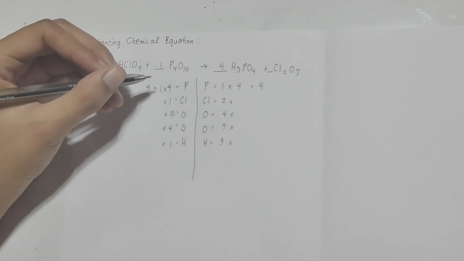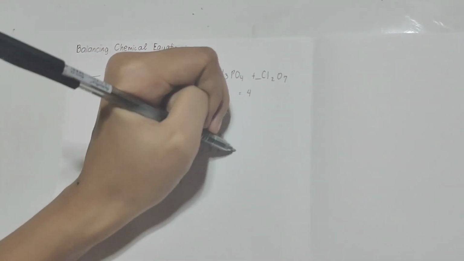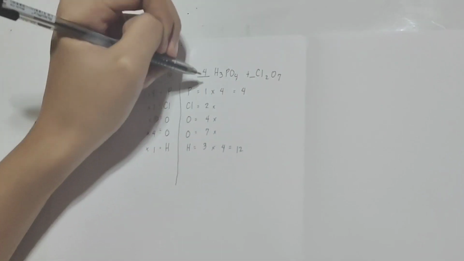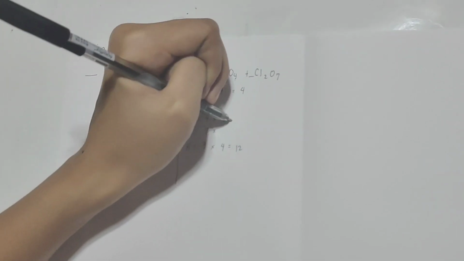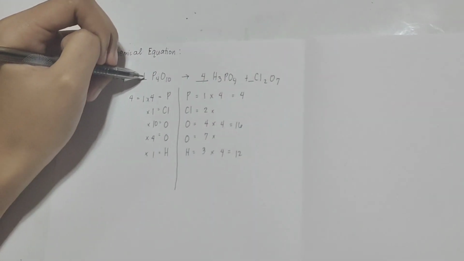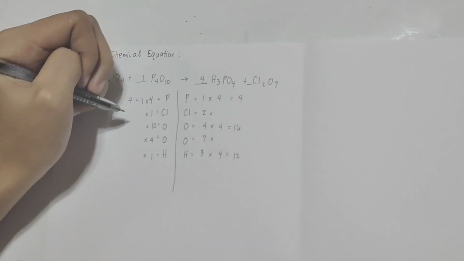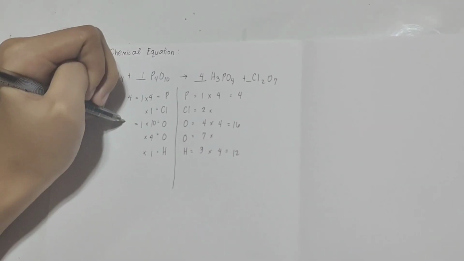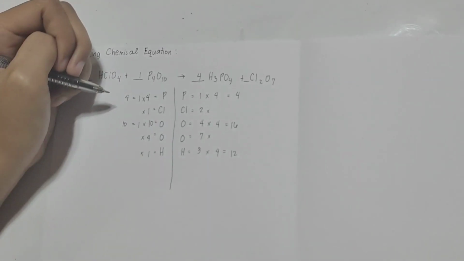Hydrogen is equal to 3 times 4 is equal to 12. And then for oxygen we have 4 times 4 is equal to 16. Do the same for the reactant. Oxygen is equal to 10, so multiply it by coefficient 1. We have 10 times 1 is equal to 10.